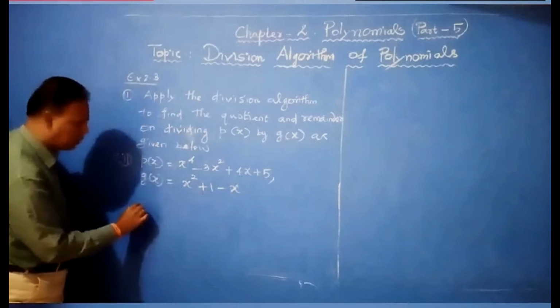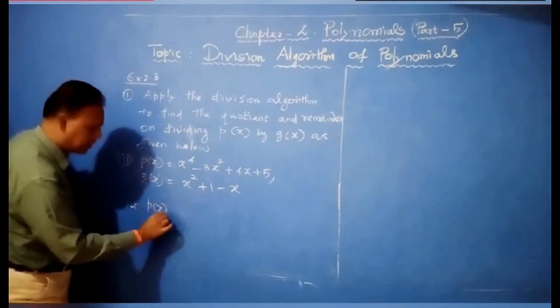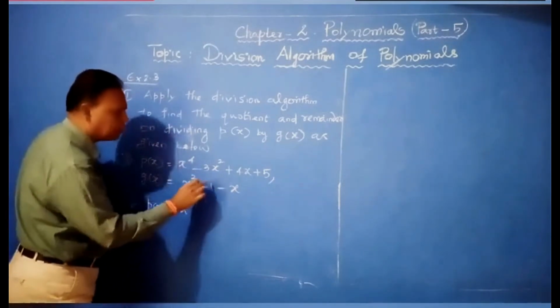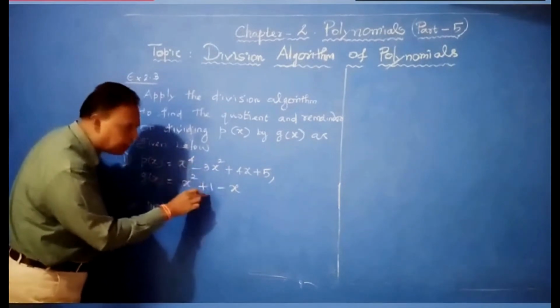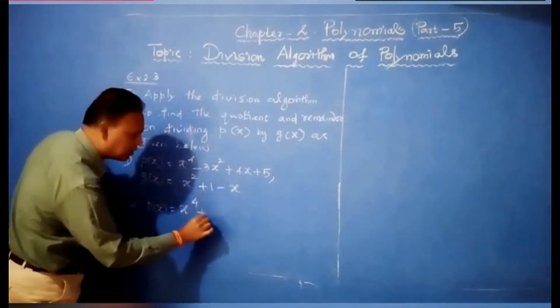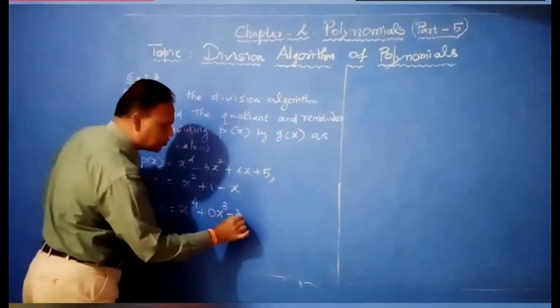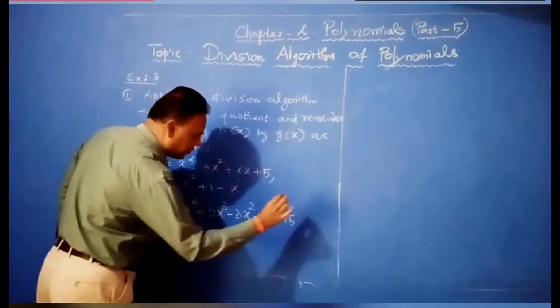So let p of x is equal to x power 4. Here you see no x cube term. So for our convenience you write it plus 0 x cube minus 3x squared plus 4x plus 5.